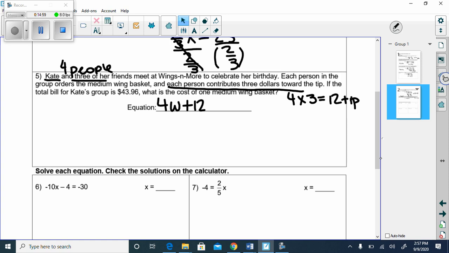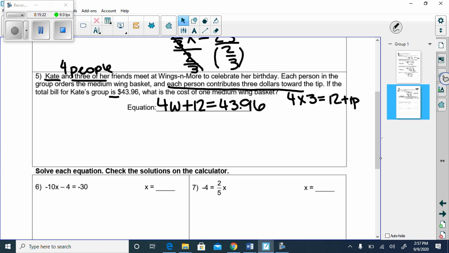Okay, and then in the end, it says that their total is. When I see is, good. That total, which was $43.96. All right. So now all we have to do is solve. So what am I doing first?